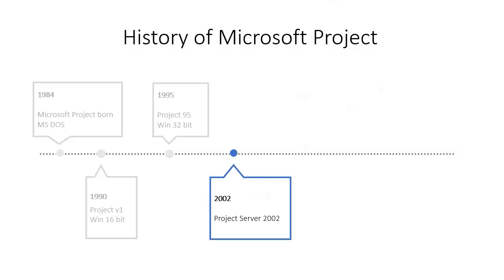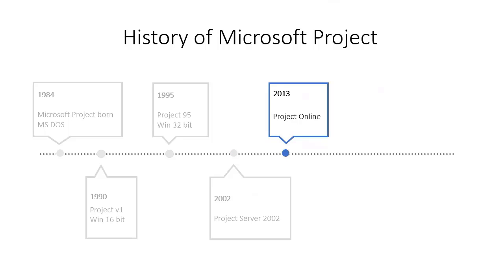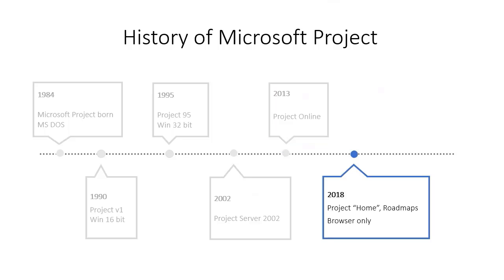In 2002, we had Project Server, which arrived on the scene, which Microsoft actually bought from somebody else, but they created Project Server. That went through various iterations: 2003, 2007, 2010, and then in 2013, we ended up with Project Online, which is a version that's put into the web.